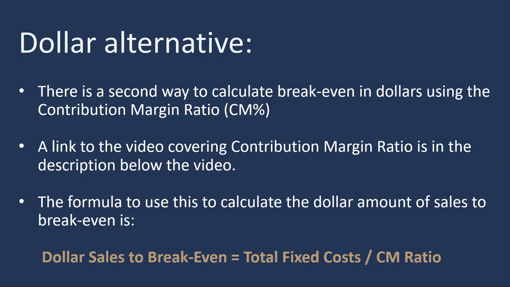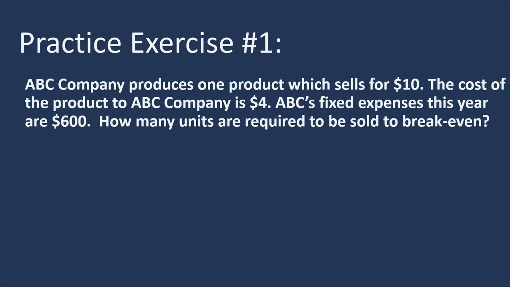So for this particular course, we're going to just go for the break-even point in units and then convert that to the break-even point in dollars. So the first exercise we have is ABC company produces one product and it sells for $10. The cost of the product to the company is $4. ABC's fixed expenses this year are $600, and the question is how many units are required to be sold to break even.